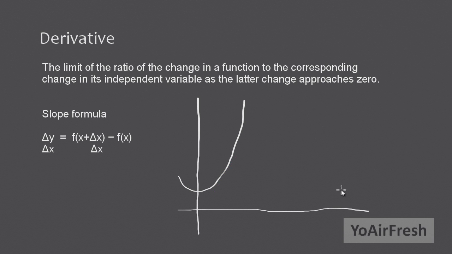How do we calculate that slope? Well, we have this slope formula here, delta y over delta x. All that means is the change in y over the change in x. So in order to find that, we have f of x plus the change in x, minus f of x, over, this is supposed to be a fraction here, but I didn't put the line there, over the change in x.